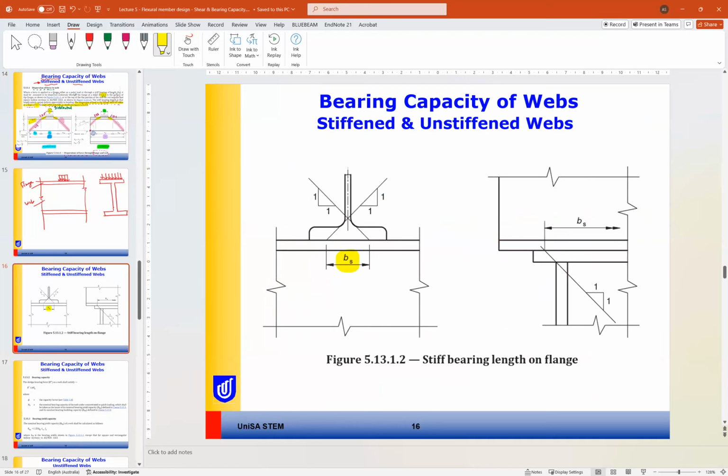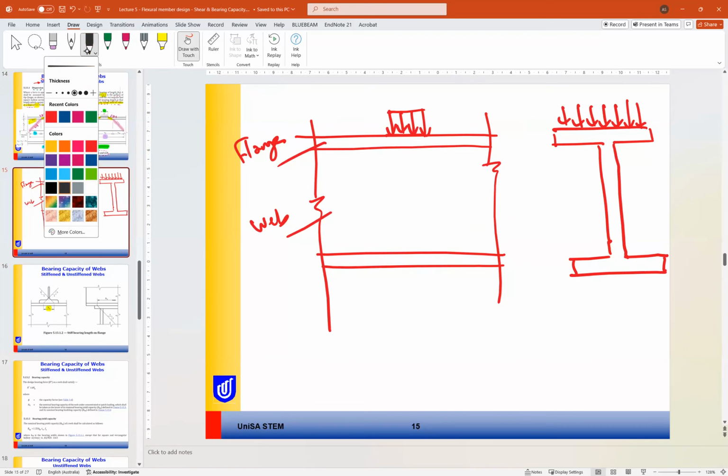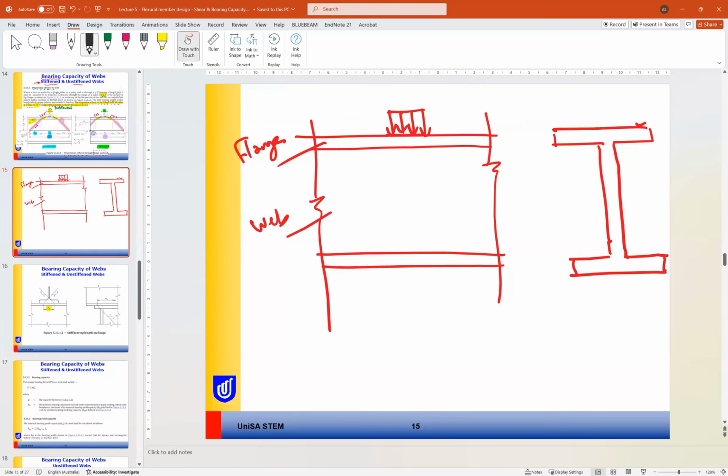I received a question about stiff bearing. Stiff bearing means the plate we have when you apply the load here. You can't just apply the load directly.